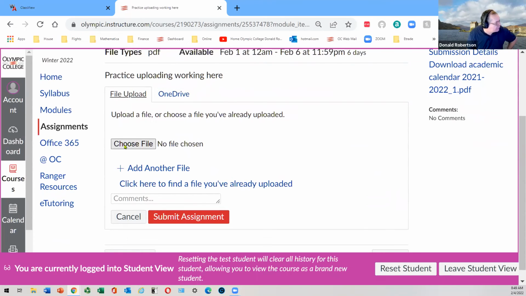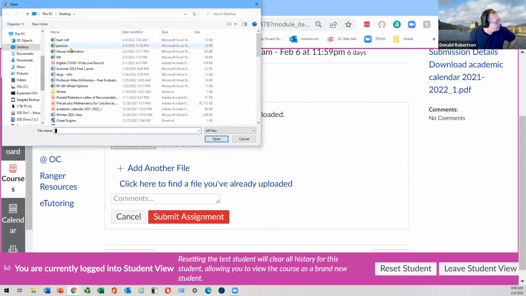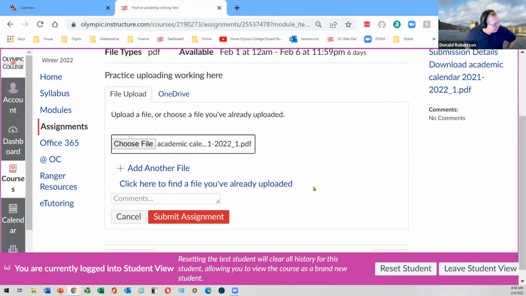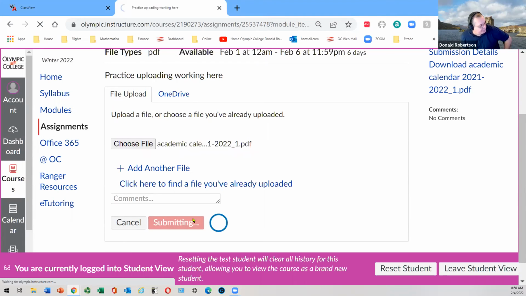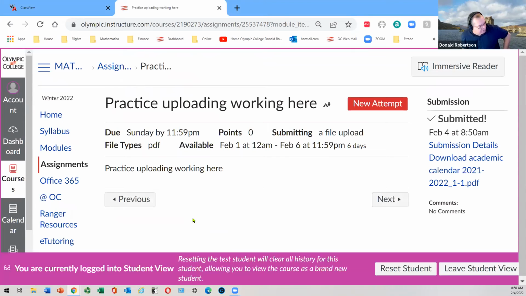If I click on that and I go choose a file, I could choose, well, let's choose something that's not personal. Academic calendar will do. You will have called yours something like John Smith's midterm, right? Give it a name that's easy to remember. And then you just say submit assignment. Right. That took about a minute, right? So after you've got your PDF, doesn't it take very little time to upload it and you're done?